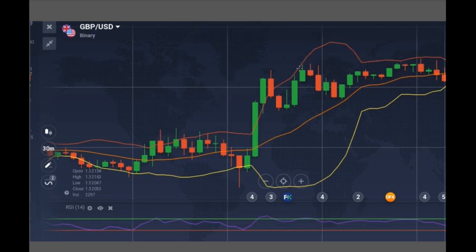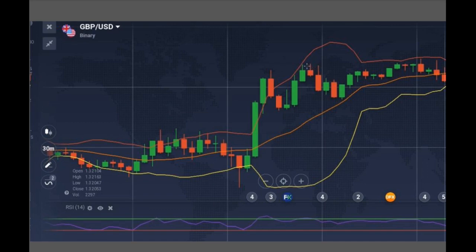The next thing you need to look for is the confirmation candle. You can see the confirmation candle over here. But make sure that you never trade the close of a confirmation candle. Always wait for a retracement back to the upper body of the confirmation candle. Look at it, this is the upper body.